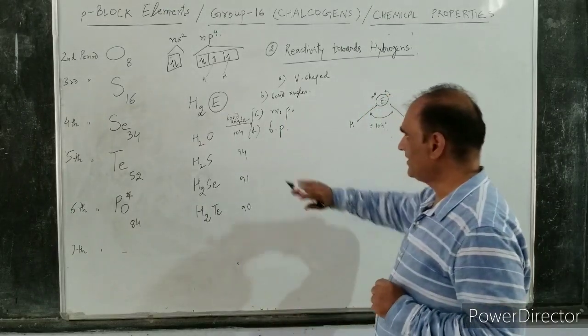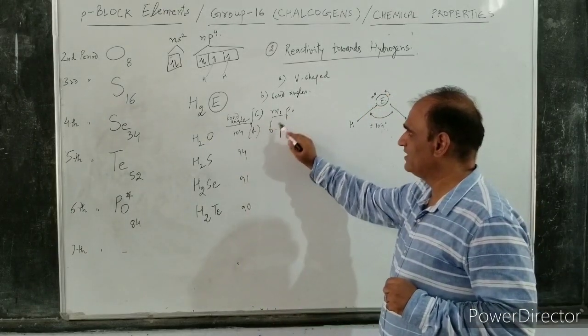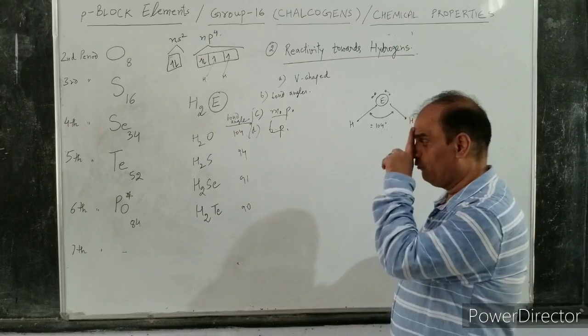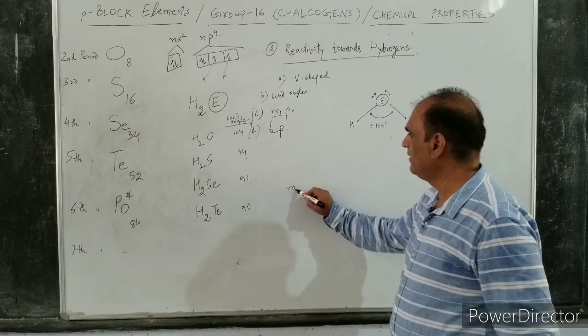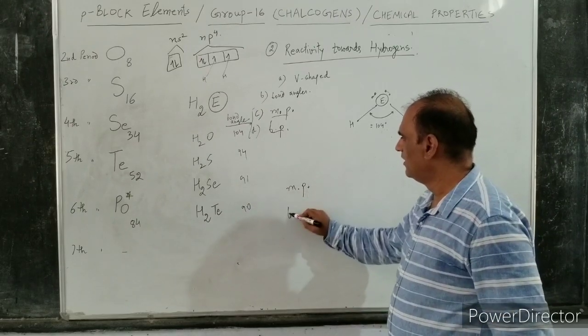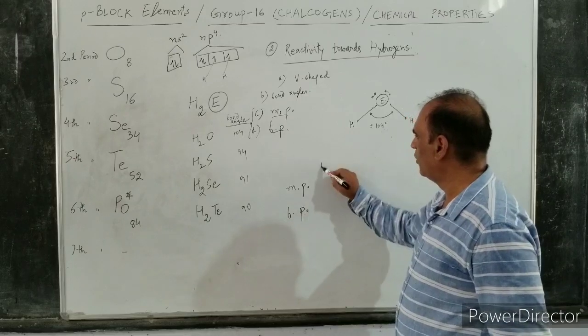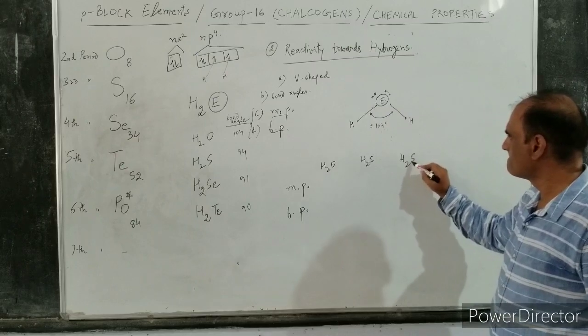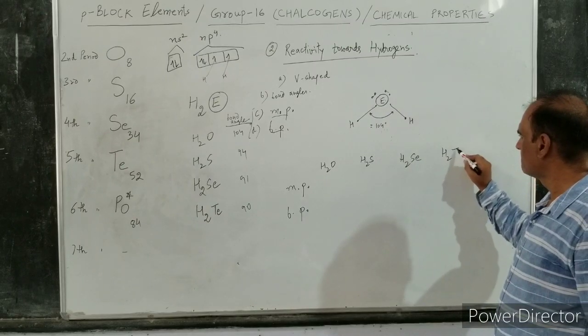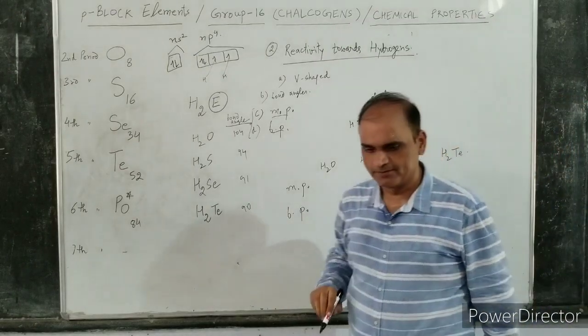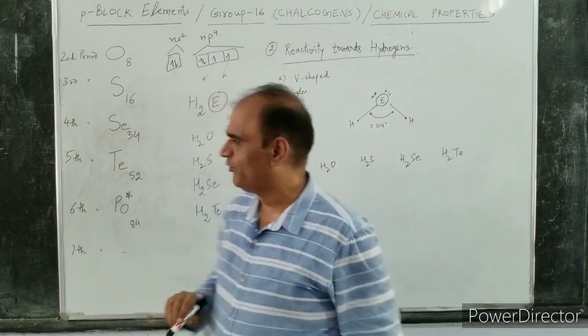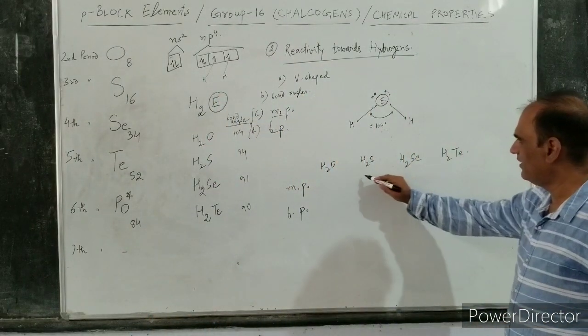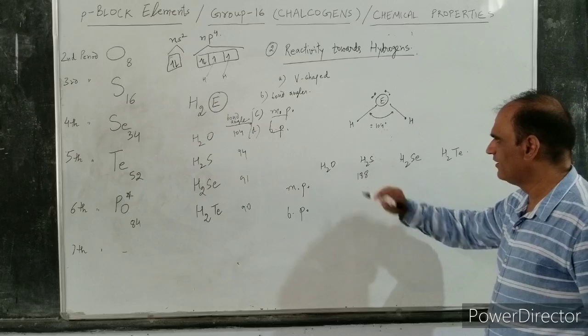Now, let us compare their melting point and boiling point. If we see the melting point of H2S, it is 188 Kelvin.